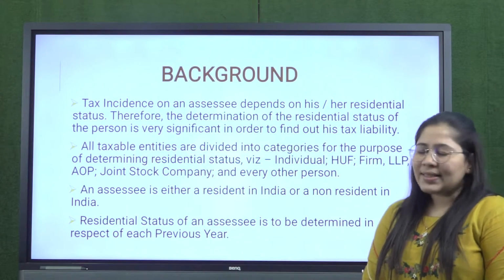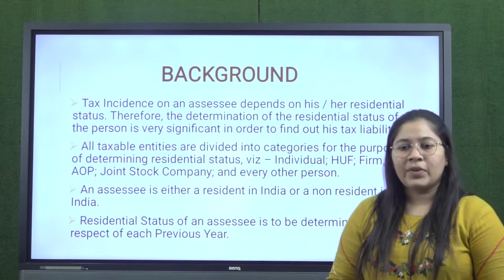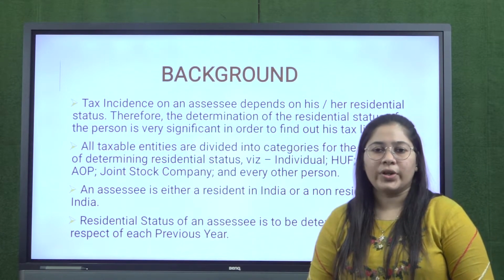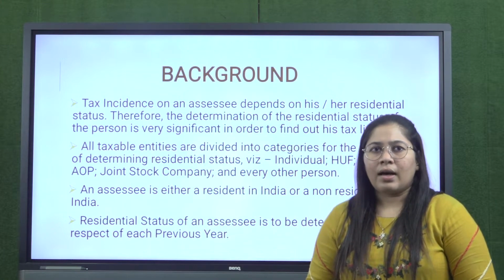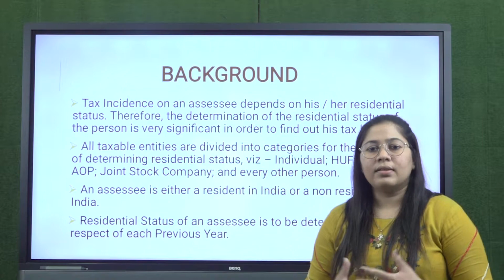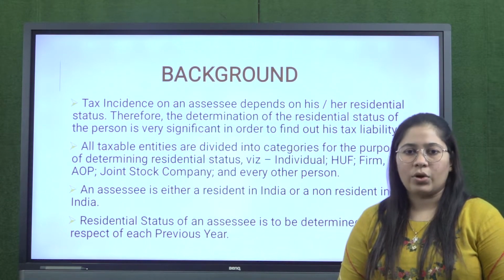Now, tax incidence of an assessee depends upon his or her residential status during the previous year. When we talk about incidence of taxation, it means whether the liability of paying taxes will arise or not.